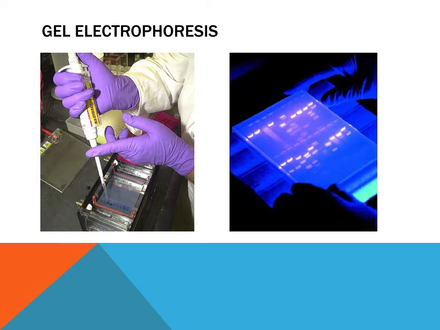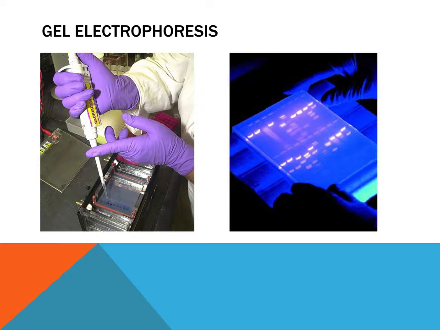So, what is involved in DNA fingerprinting? This is what happens. You take your DNA sample and we put it in this little machine here. It's like Jello, and we insert the DNA samples into this Jello, and we attach an electric current to it.